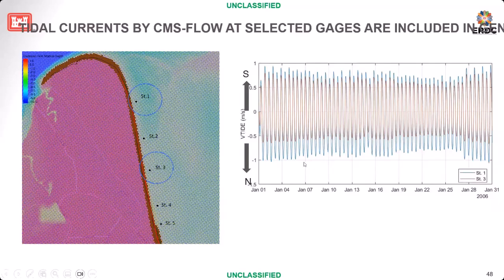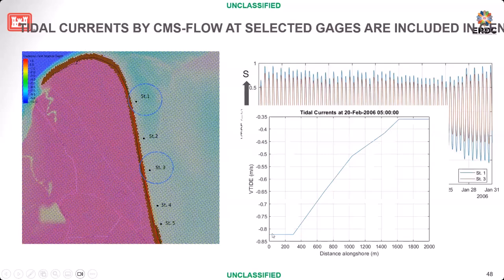If you plot a time series of the longshore tidal current, where plus is to the south and minus is to the north, you can clearly see the difference from station one to station two. The tidal current tended to accelerate itself during the flood tide entering into this inlet.